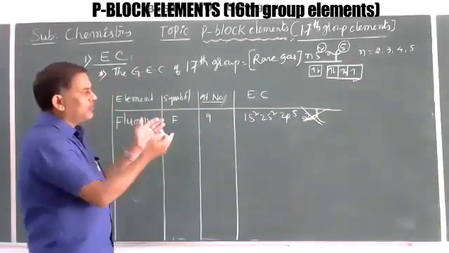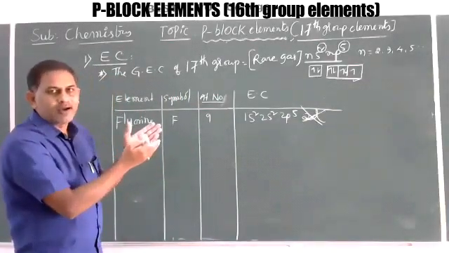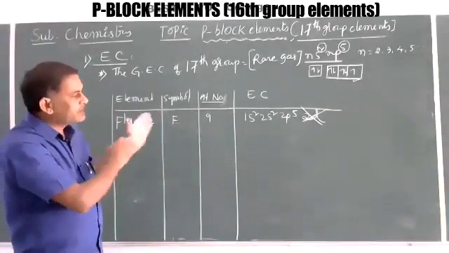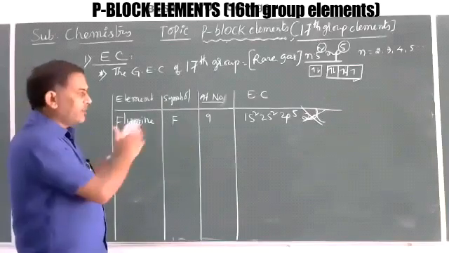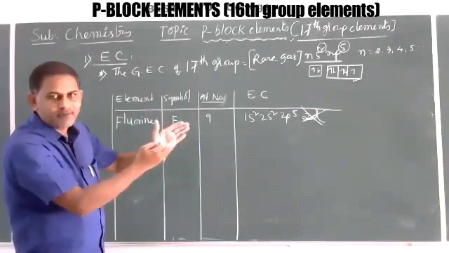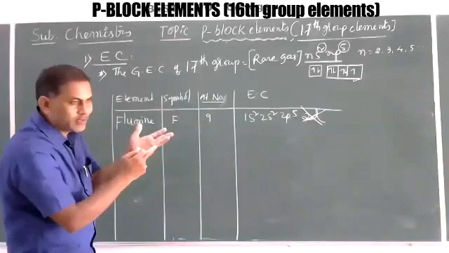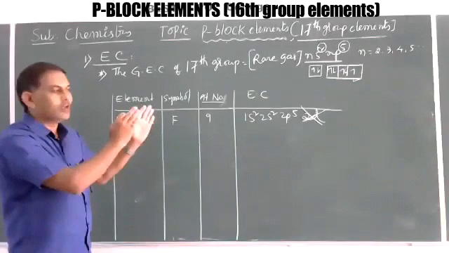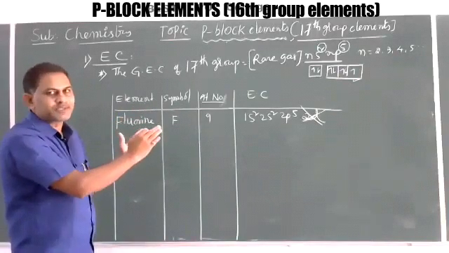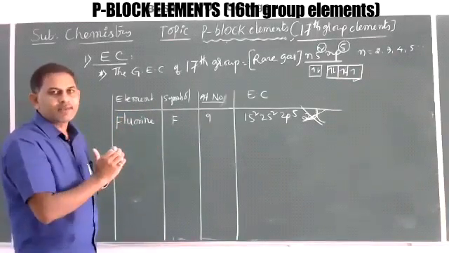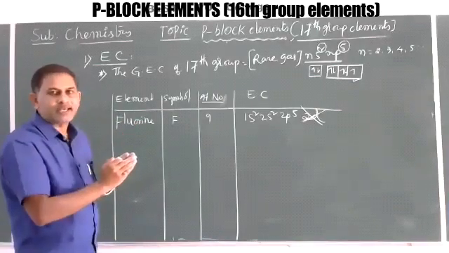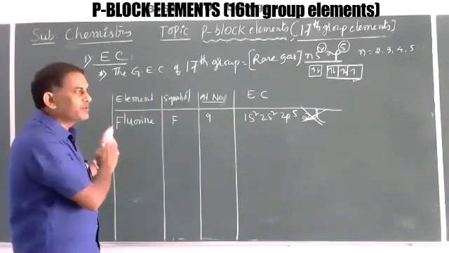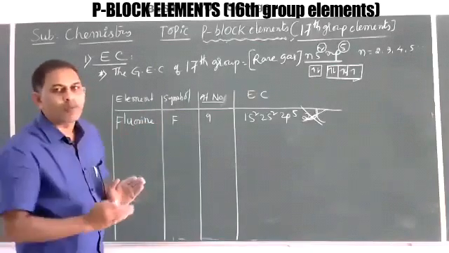The same explanation applies to fluorine as to oxygen and nitrogen: in the 15th group, nitrogen, in the 16th group, oxygen, and in the 17th group, fluorine. The same anomalous properties of nitrogen and oxygen apply to fluorine. Same concept: absence of d orbitals, small atomic size, and high electronegativity of the first member of this group show some anomalous properties.